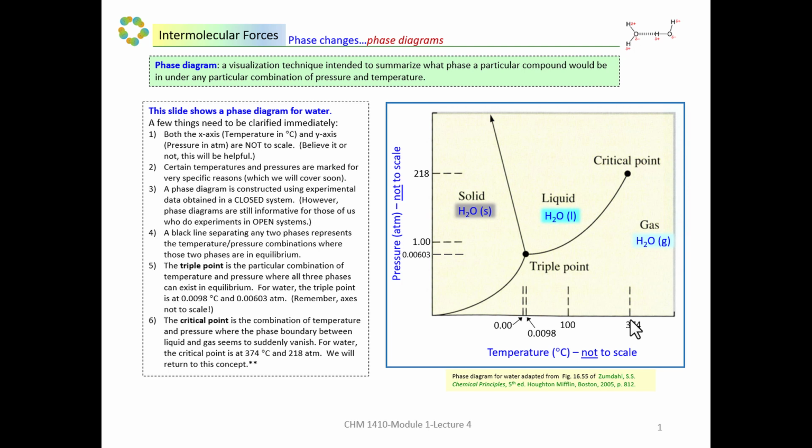For water, the critical point is at 374 Celsius and 218 atmospheres. We'll return to talking about the critical point in a few minutes. If you insist on believing the world is flat, you might think of the critical point as where you would fall off the edge.